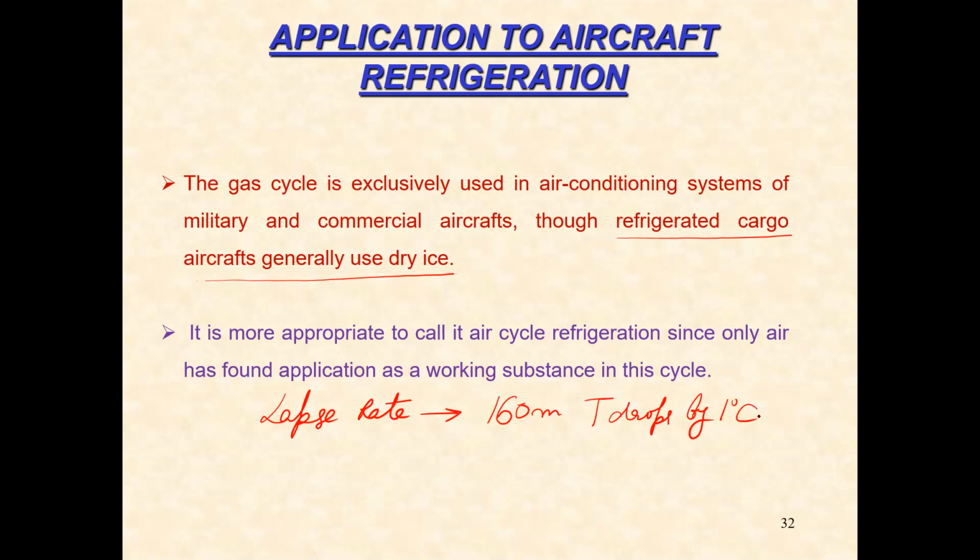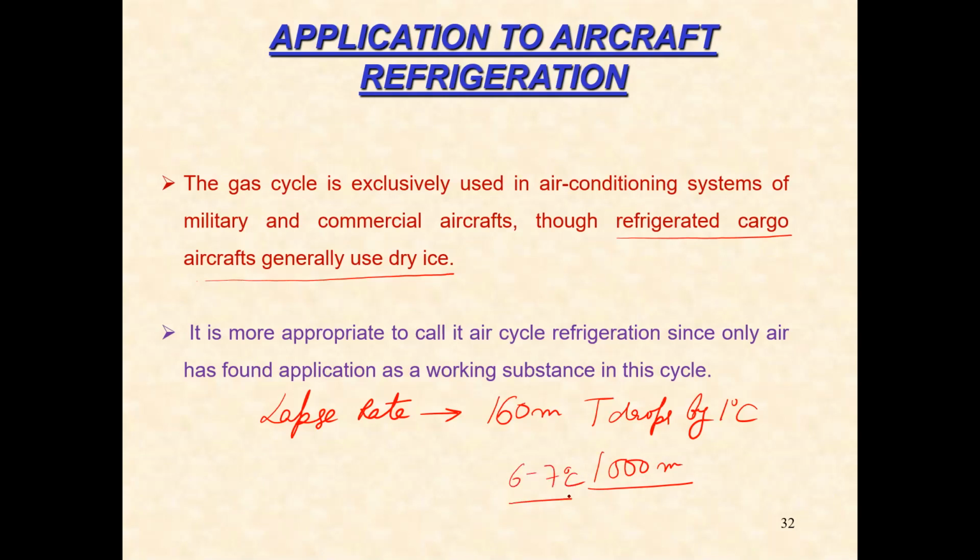So if the aircraft goes up to 1000 meters above the sea level, the temperature will drop somewhere around 6 to 7 degrees Celsius.